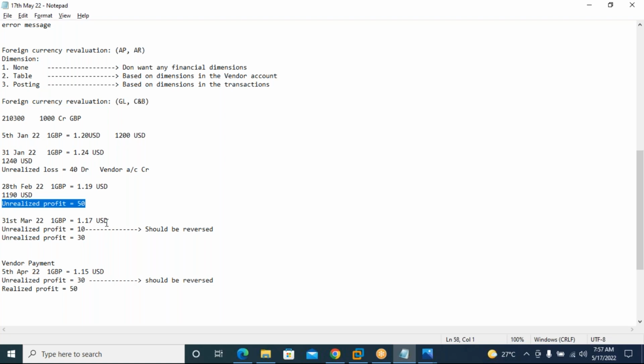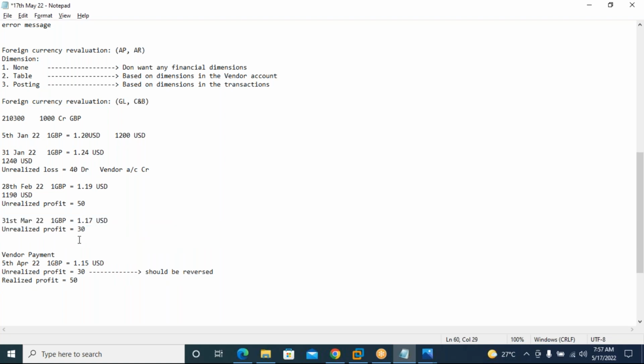And now 1.17. The difference between these two is 20, and $20 will be posted. That means here in the GL, the logic goes by the cumulative approach.